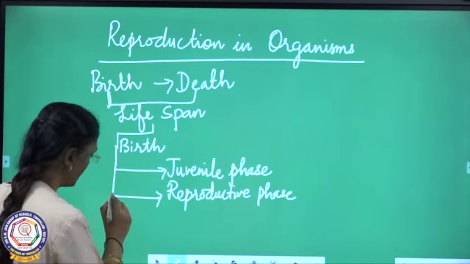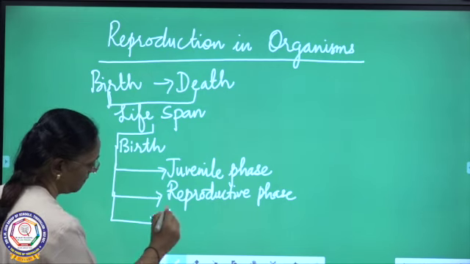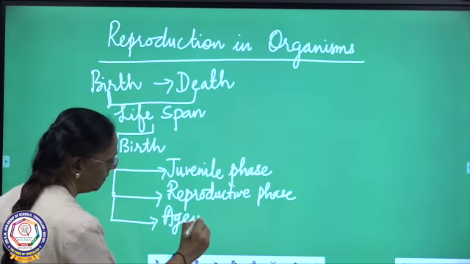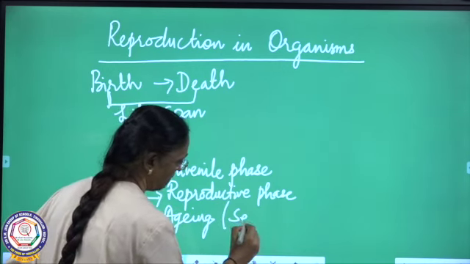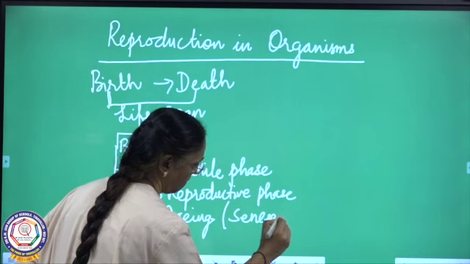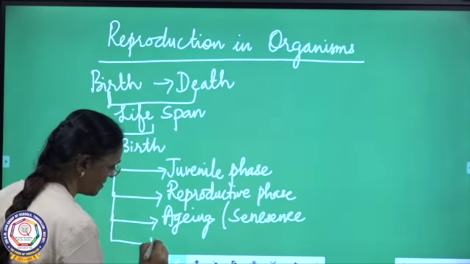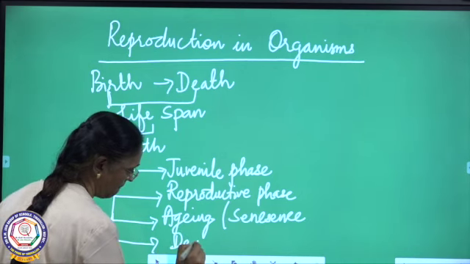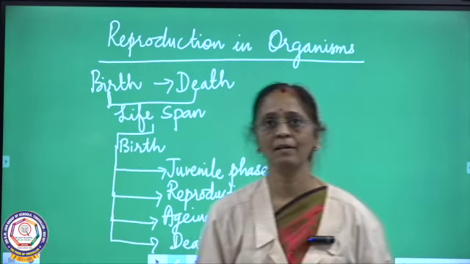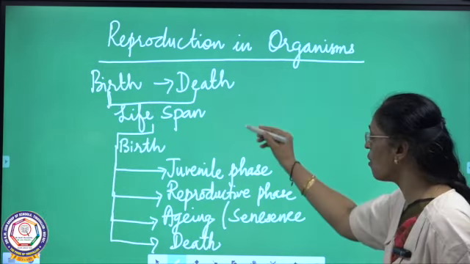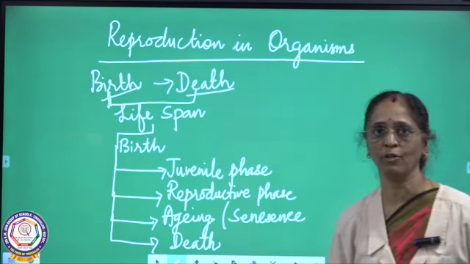The fourth phase is what we call aging, and in plants we call it senescence. Then the last phase is the death phase. So, we will see that every organism has all these phases from birth to the death of an individual.